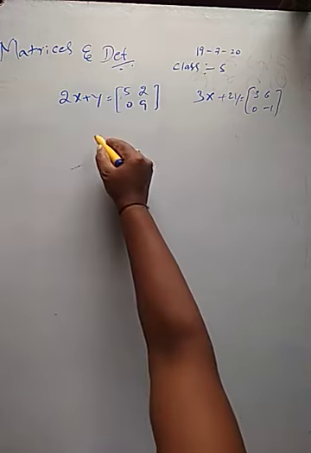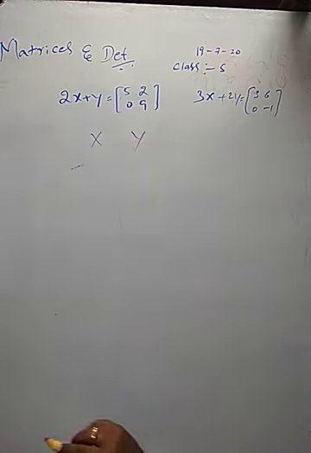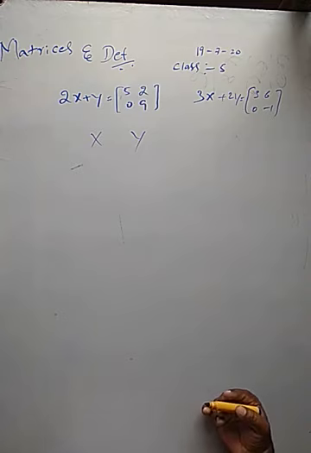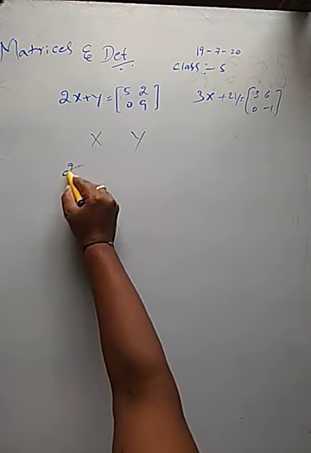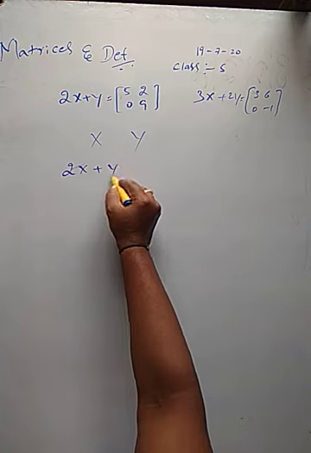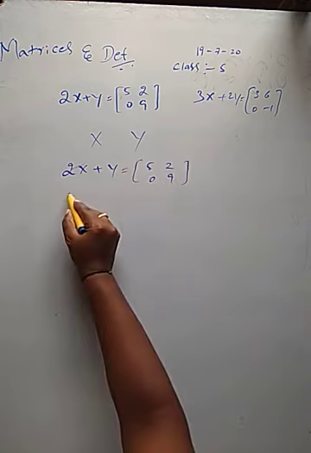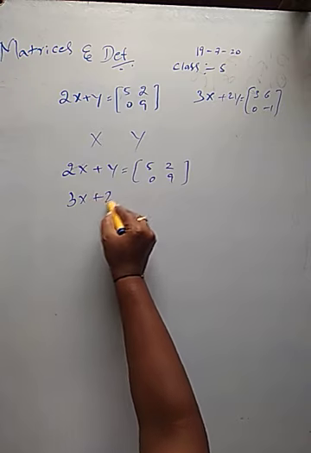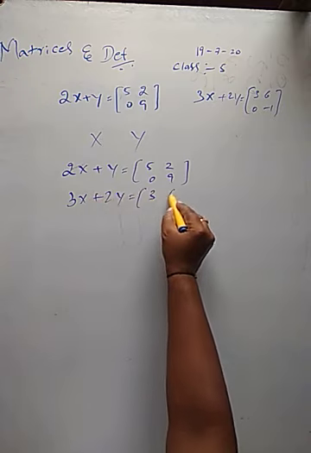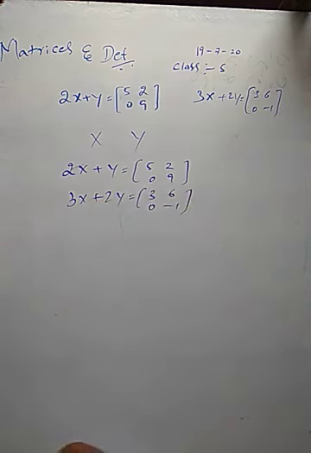They are asking to find the matrices capital X and capital Y. Write the given matrices in the form 3X plus 2Y is equal to [3, 6, 0, minus 1].